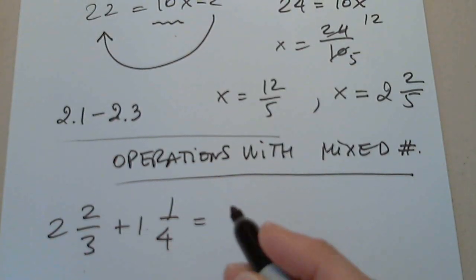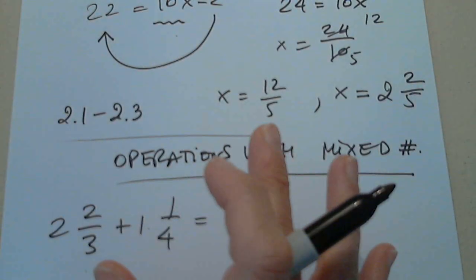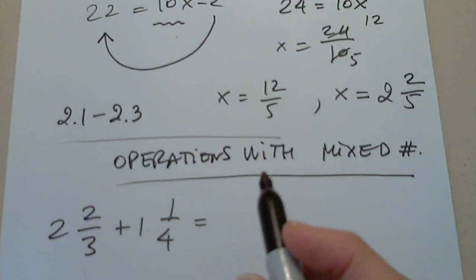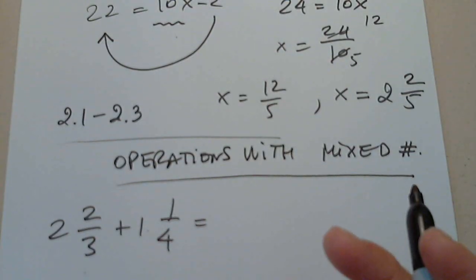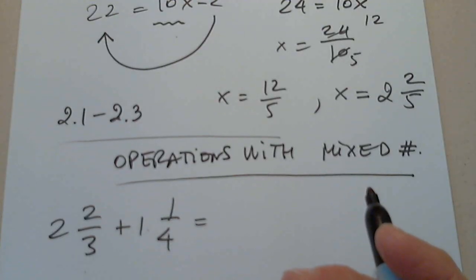I recommend, there are other options, but I recommend, because we can, in addition and subtraction, we have other options. Not in multiplication and division, no, no, no. You'll see in a minute.